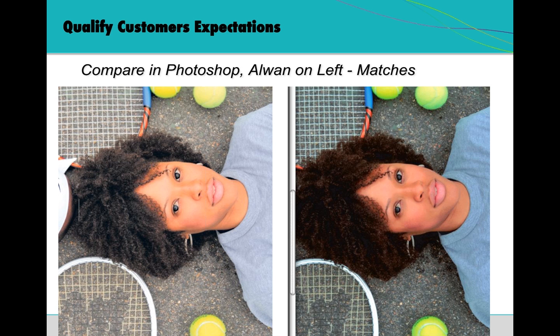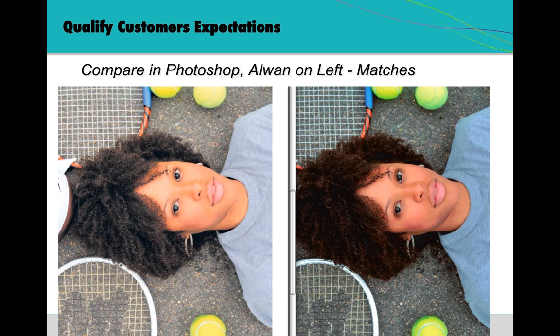And they thought, oh, that one must be right, because that's how all 6 of them imaged. But when you actually open the file in Photoshop, it looks exactly like the image on the left, which is what Alwan provided.